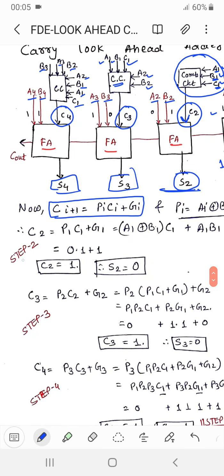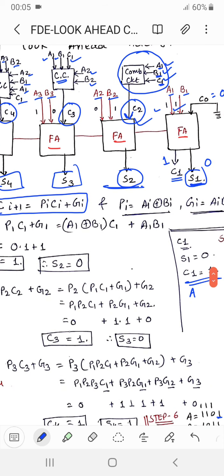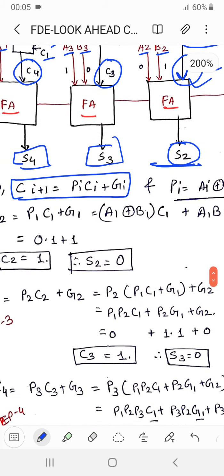So in step 2, for finding carry 2, the equation is P1 into C1 plus G1, and your P1 is A1 XOR B1, into C1 plus A1 B1. So in this particular case your A1 XOR B1, that operation we have seen, is 0, and your carry 1 is 1.